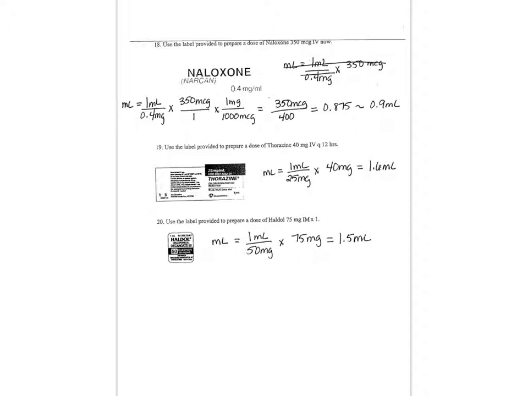Use a label to prepare a dose of, okay, so what's been ordered is 350 micrograms, but according to the label it's packaged as milligrams. So remember, in D over H times Q, D and H just need to be the same unit. I'm in the habit of getting everything into milligrams, so I converted those micrograms by moving the decimal 3 places to the left.